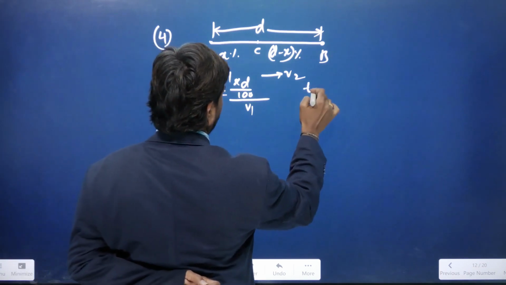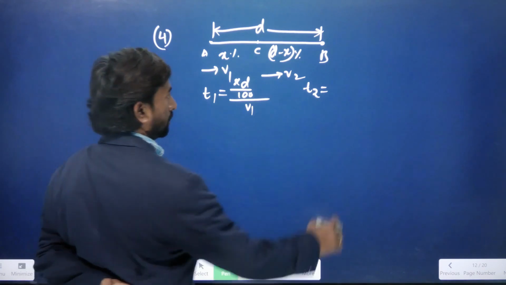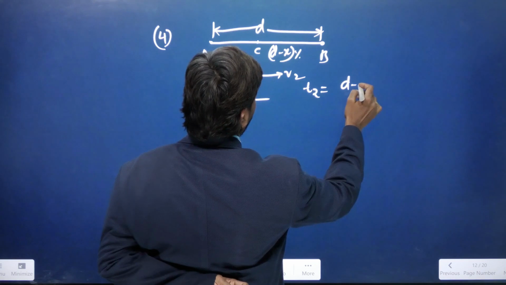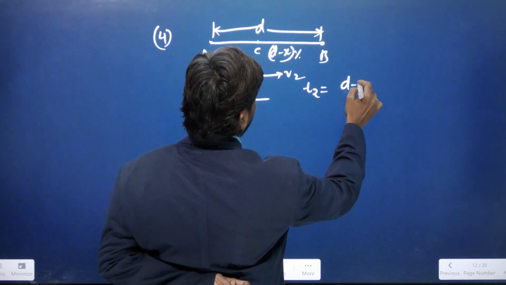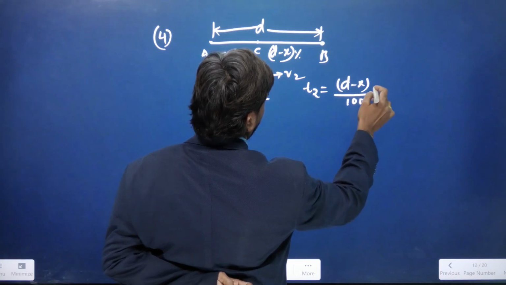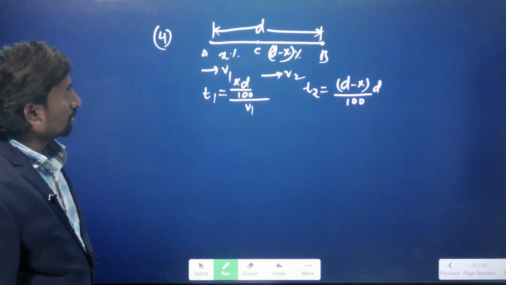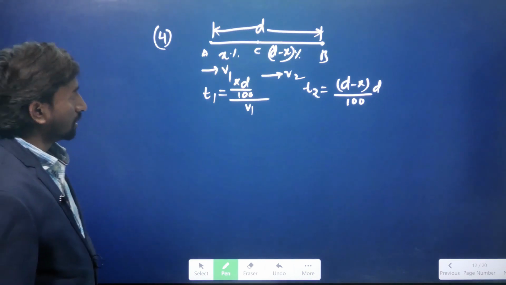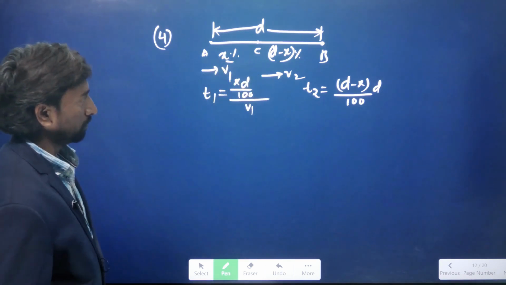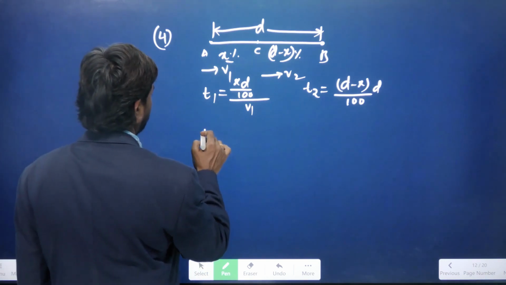Next, T2 is the time for the remaining D minus x percentage of the total distance, which is D minus x by 100 into D, at speed V2. So we get it like this. Next, the average speed, V average.